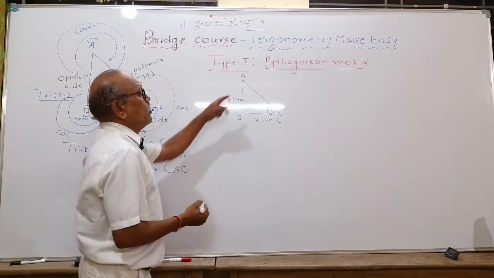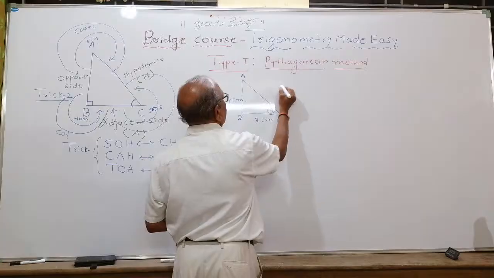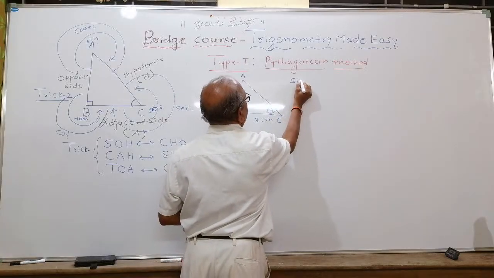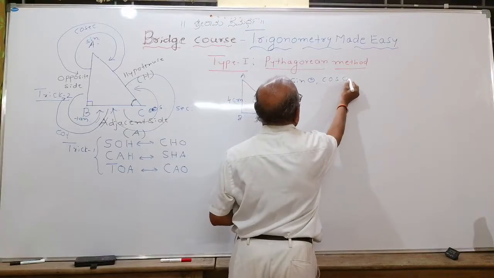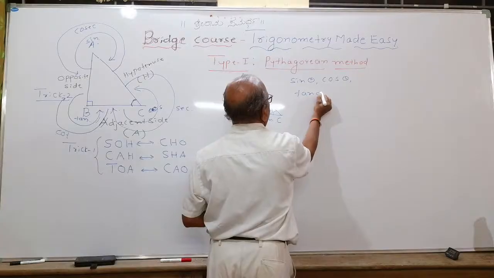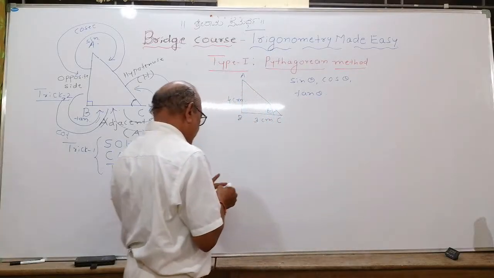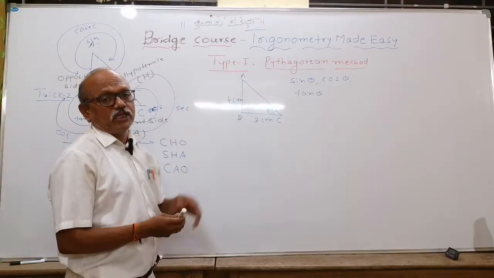They will not give the hypotenuse, and ask you to get sine theta or cos theta, any ratio, tan theta, or their reciprocals. So what is the trick in this? The trick is very simple. This is the first type of problem, the Pythagorean method.